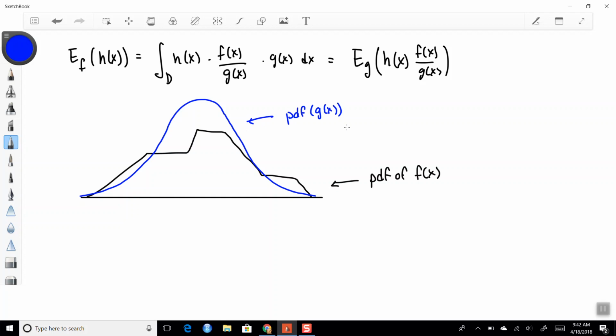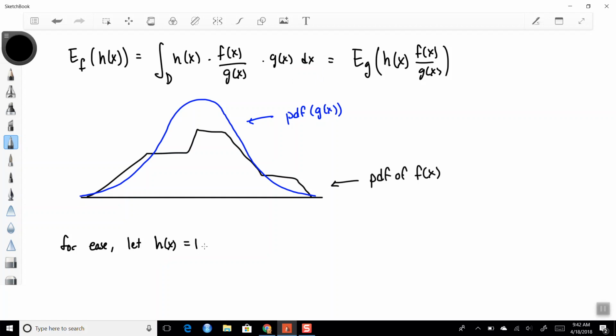And just for simplicity, let h of x be equal to 1.